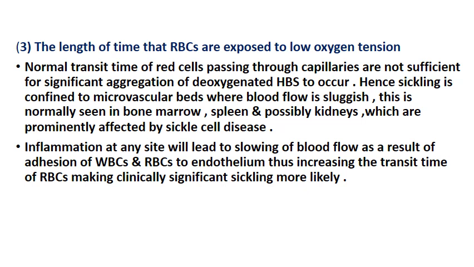So sickling is confined to the microvascular bed, because the blood flow is sluggish. This is normally seen in bone marrow, in spleen, sometimes in the kidney. Those are prominently affected by sickle cell disease.